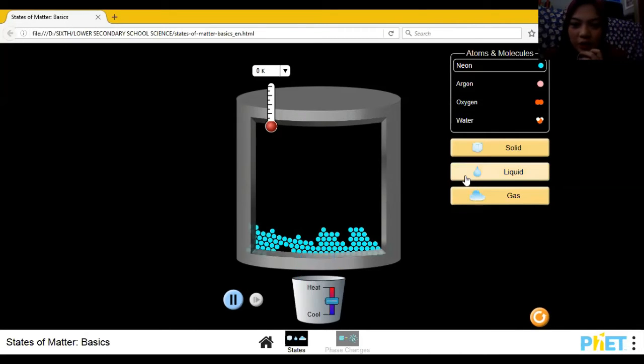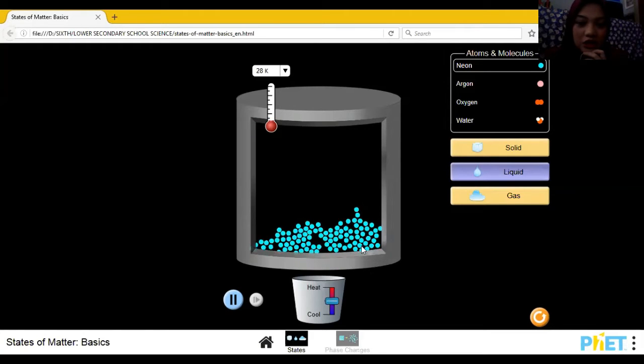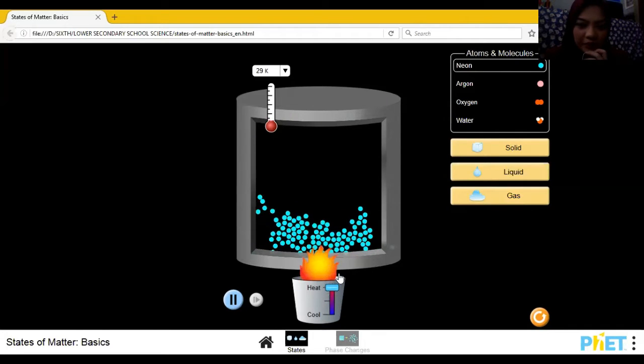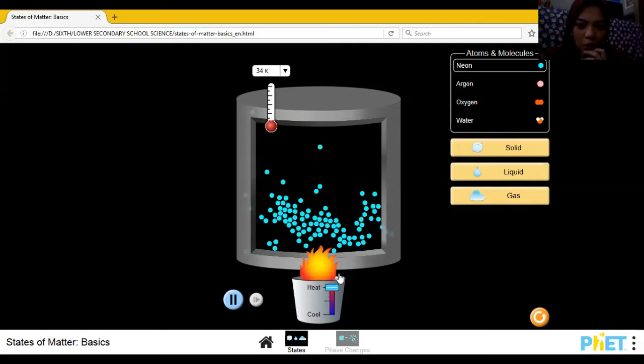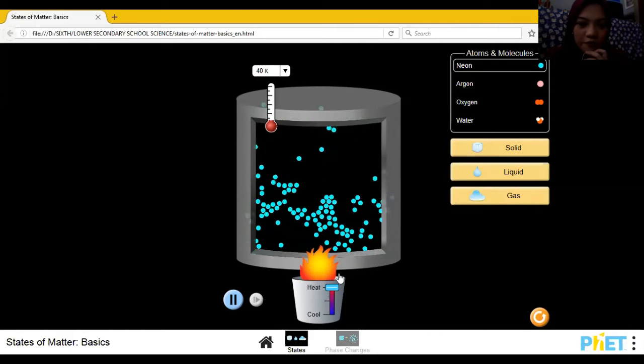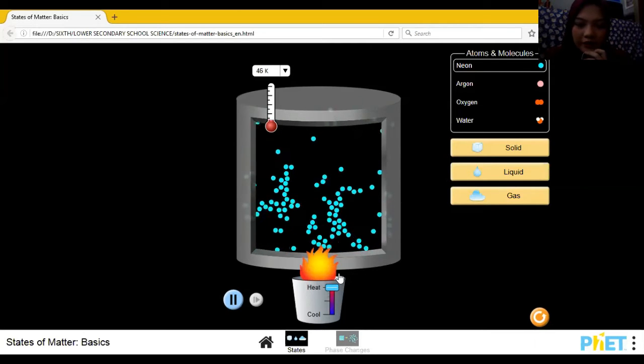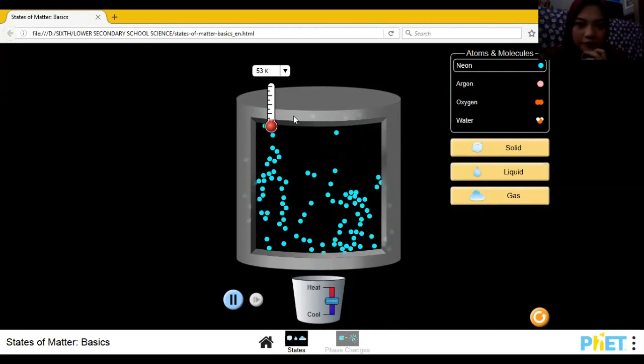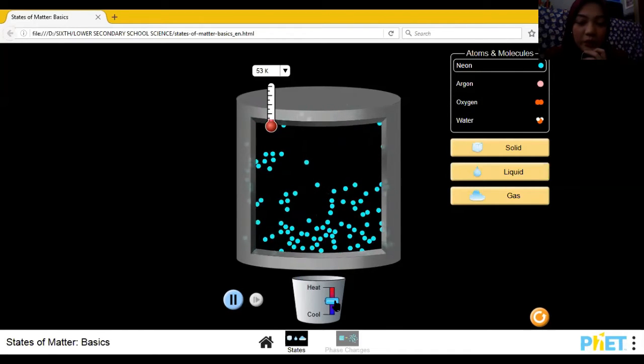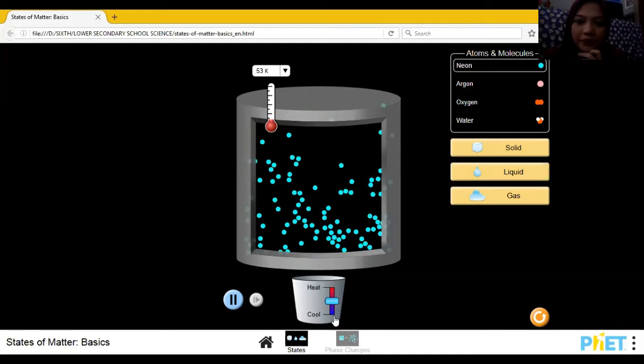Now we come to the second state, which is liquid. This is the initial condition of liquid, and if we heat it, what will happen? Let's see. The particles also move very fast when we heat it, until 53 Kelvin. And what will happen if we cool it down?